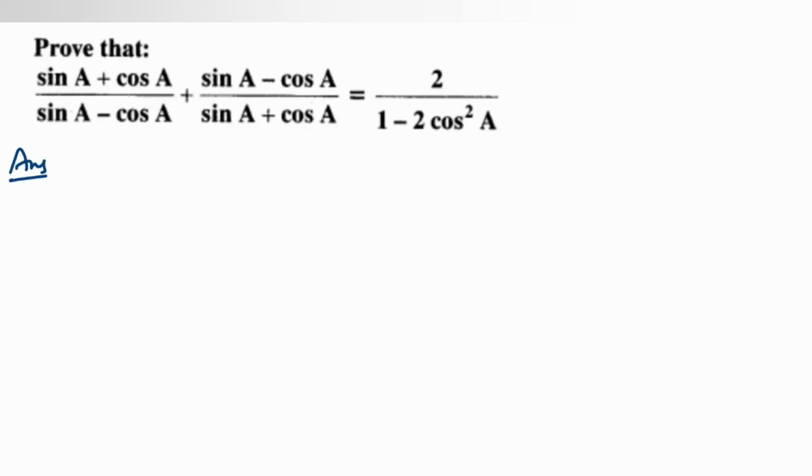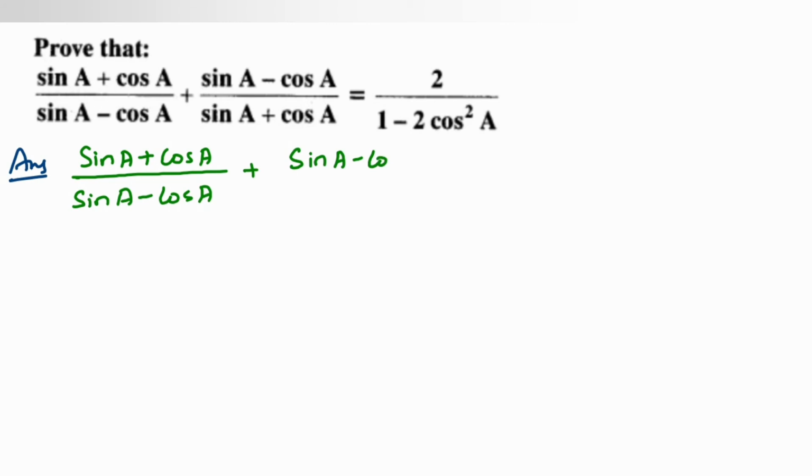So again, we'll write down what we know: sin A plus cos A upon sin A minus cos A plus sin A minus cos A upon sin A plus cos A. Okay, the first step is we're going to take an LCM here. So when you take an LCM, we'll get sin A plus cos A, just cross multiply.